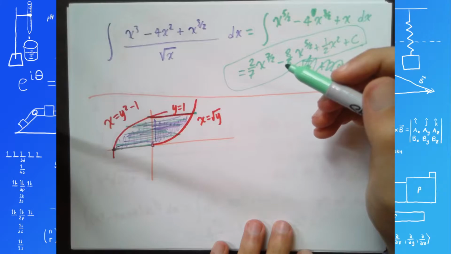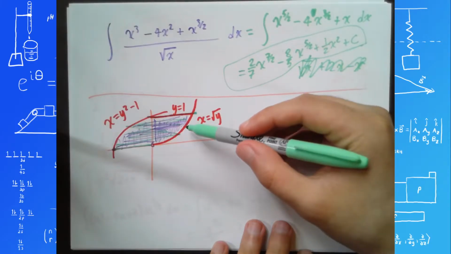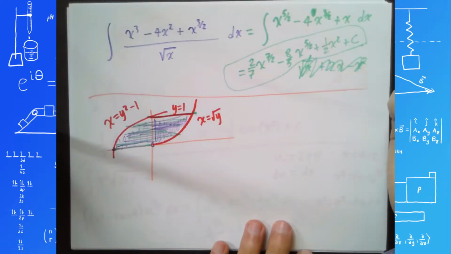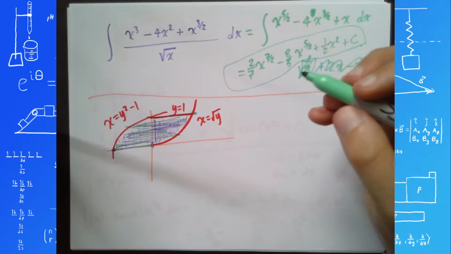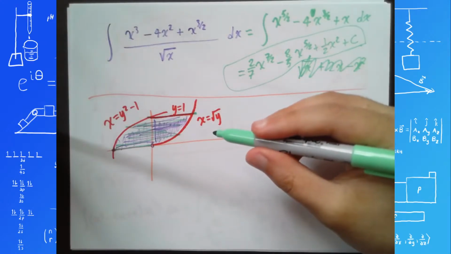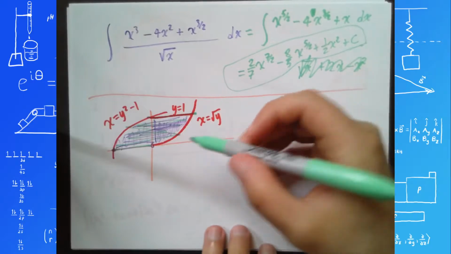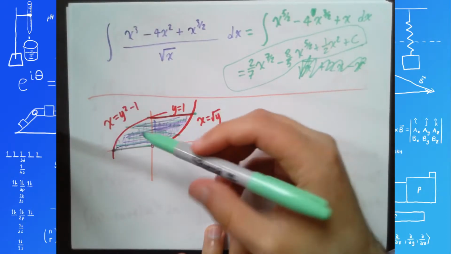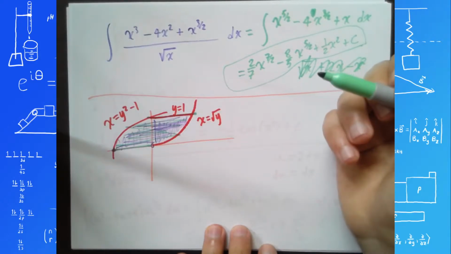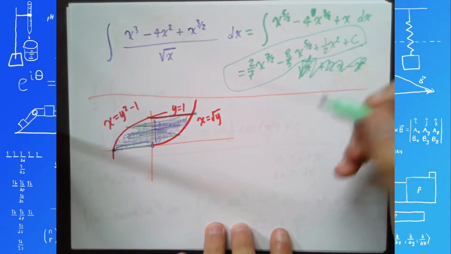It's going to have to be right minus left so that we can get a positive value. Negative area doesn't make sense here, not in this context. The rightmost curve is x equals square root of y, and the leftmost curve is x equals y squared minus 1.